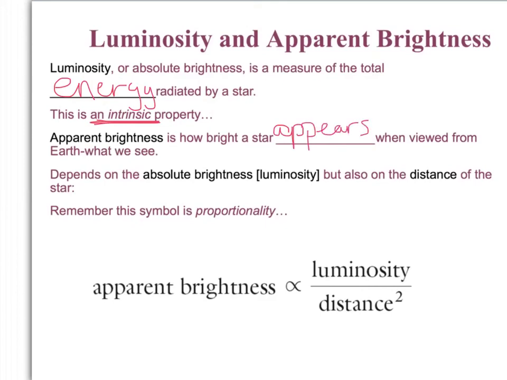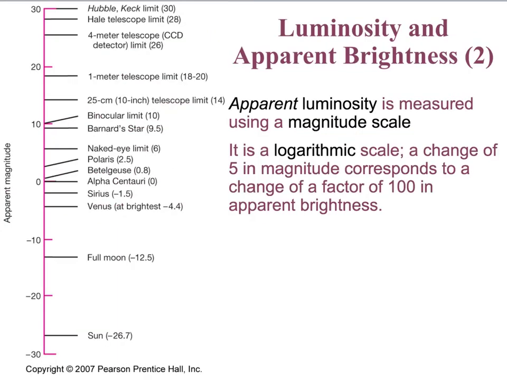So that's the main difference here: your luminosity is intrinsic, the actual energy of the star independent of distance, and apparent brightness is how it appears. The apparent brightness is inversely proportional to our distance squared, and the luminosity is based on the internal properties of the star. Here is the magnitude scale.